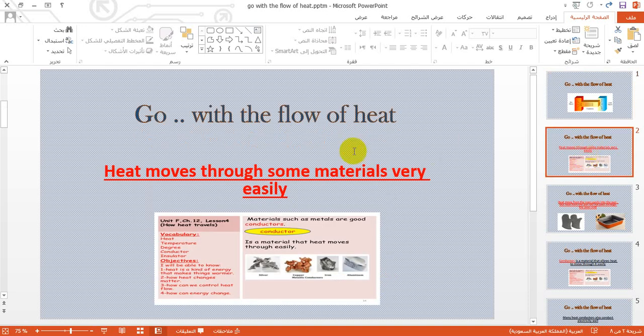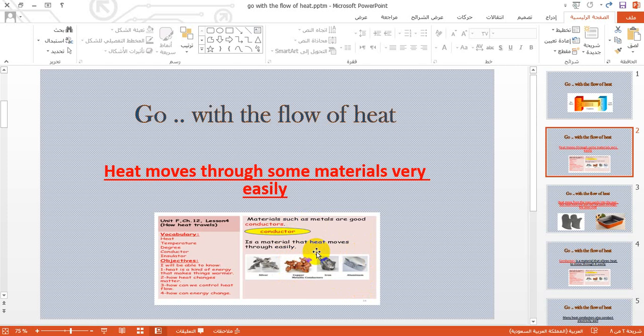Okay, heat moves through some materials very easily, so we know that some materials help the heat to move very fast, like silver, iron, copper. There are different kinds of metals that help the heat to move very easily and fast.